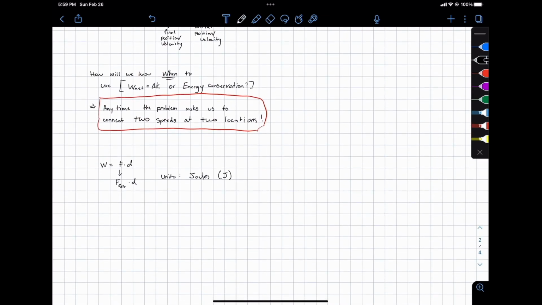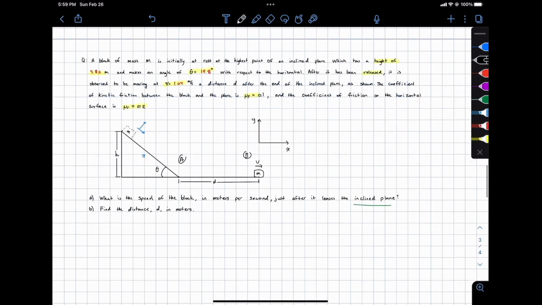Okay, so let's look at an example problem. A block of mass m is initially at rest at the highest point of an inclined plane, which has a height of 5.82 meters and makes an angle of theta equals 19.8 degrees with respect to the horizontal.